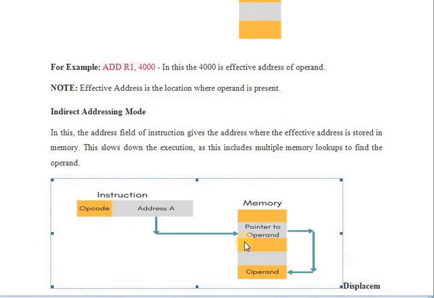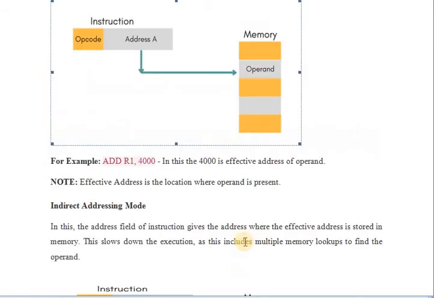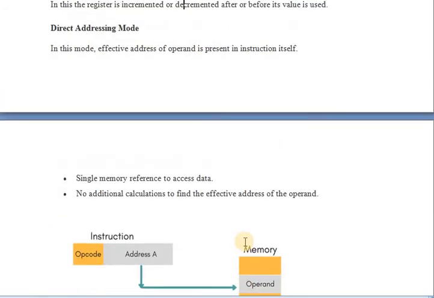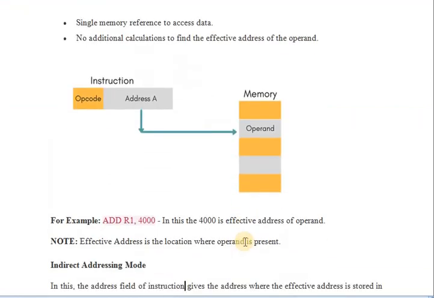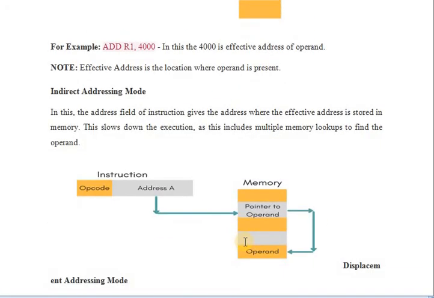Next, the indirect addressing mode. This is the direct addressing mode, and this is the indirect addressing mode, using a pointer to the operand. For example, this has the address 4000, and this will point to the pointer to the operand.